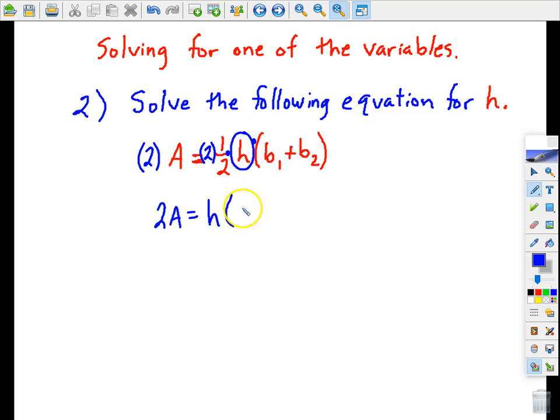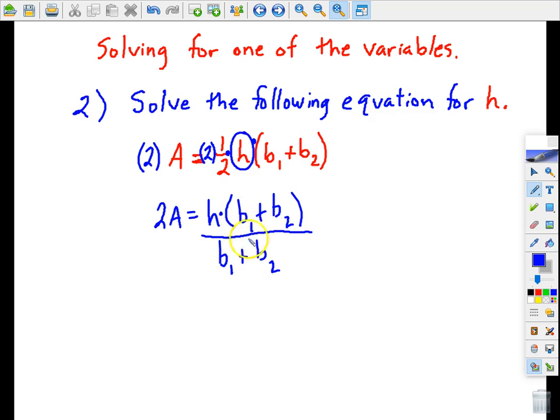And now I still have h being multiplied by this quantity b sub 1 plus b sub 2. Okay, still haven't solved for h yet, but I notice I'm still multiplying. So I have h being multiplied times this quantity. And once again, the way I undo multiplication by a factor is with division by that factor.